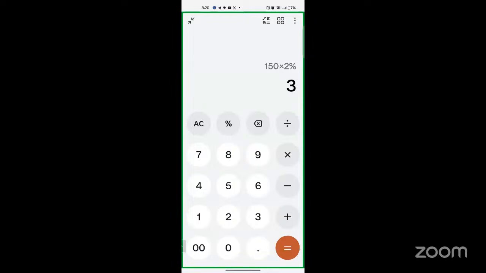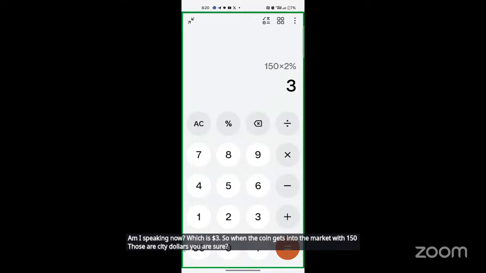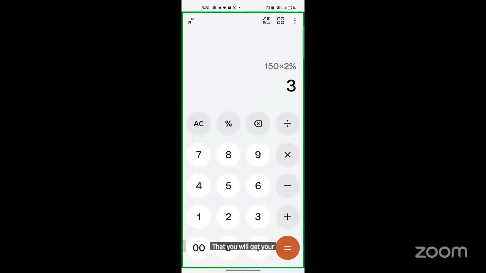So when the coin gets into the market with 150, you are sure that you will get your $3 back home. Or maybe 1.2%, which is 1.8, close to $2.